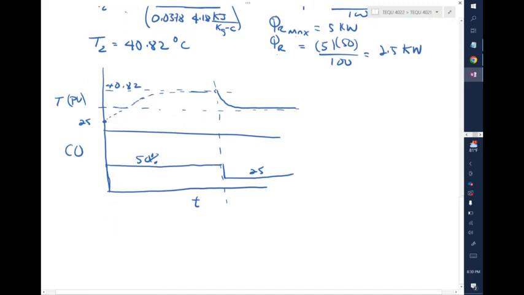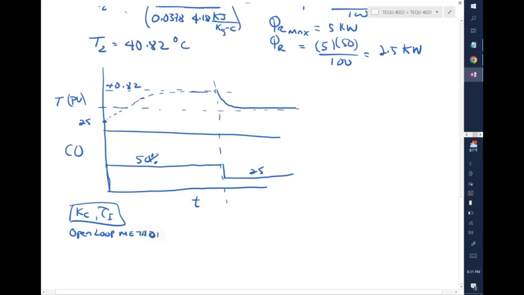We are basically using this method, which is called the Cohen-Coon method, to calculate the value of Kc and tau I. And we are using what is called the open loop method. What will that do for us?